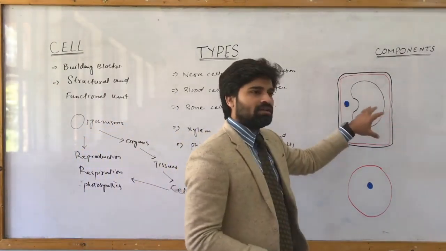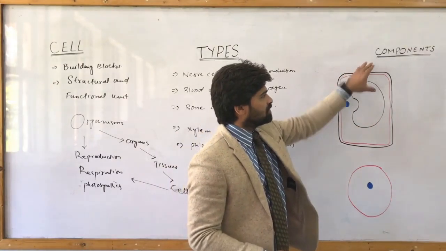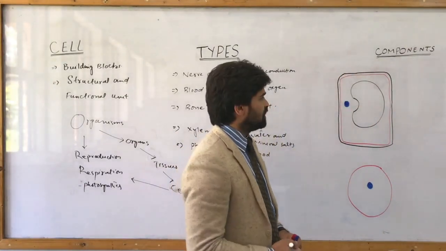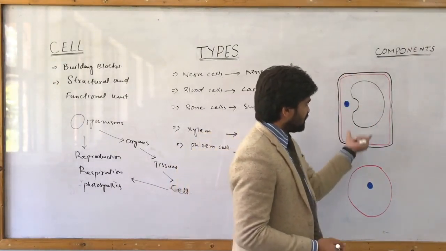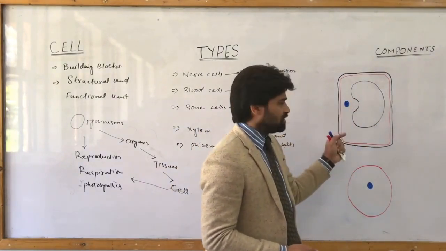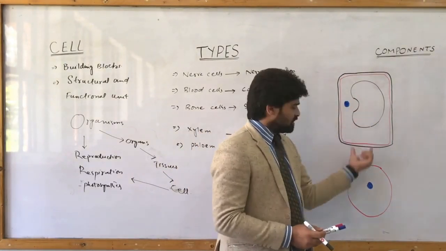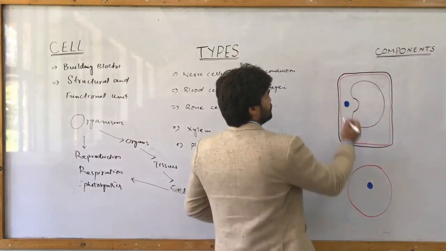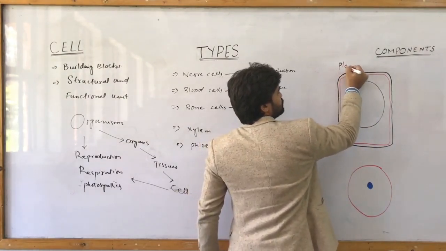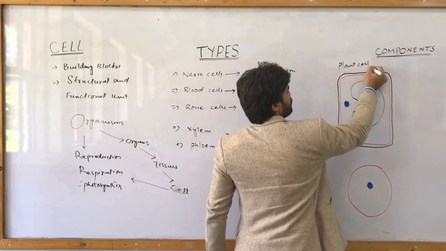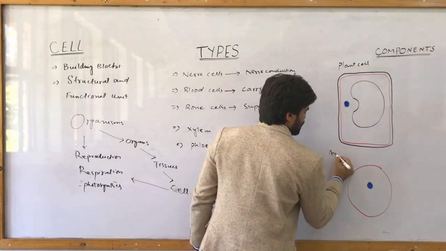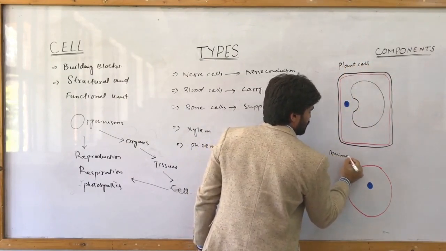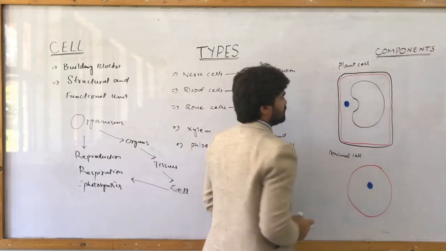And finally, in the end, we will talk about the different components of the cell. That is a typical plant cell in this picture, and that is an animal cell.